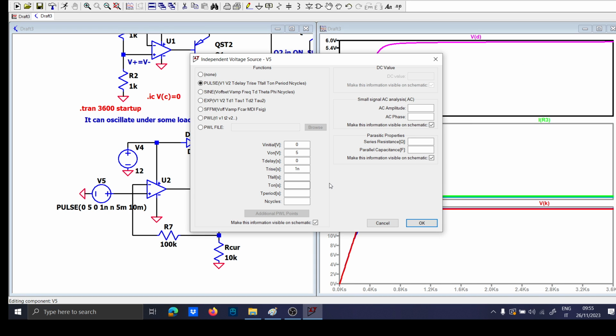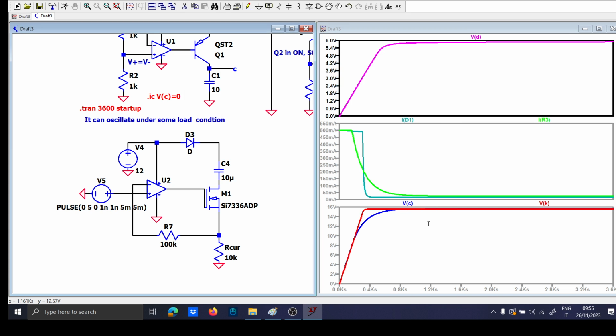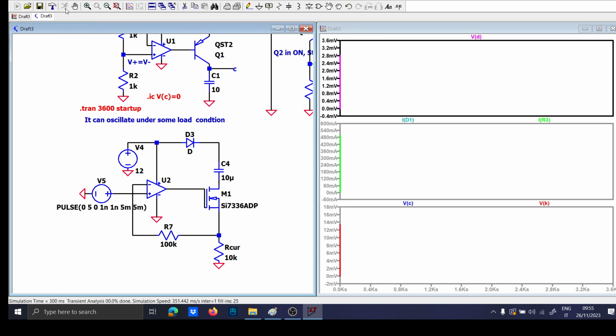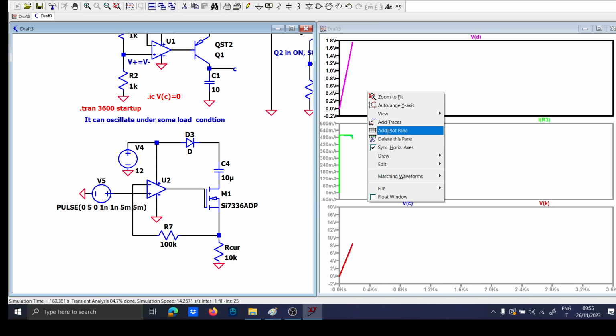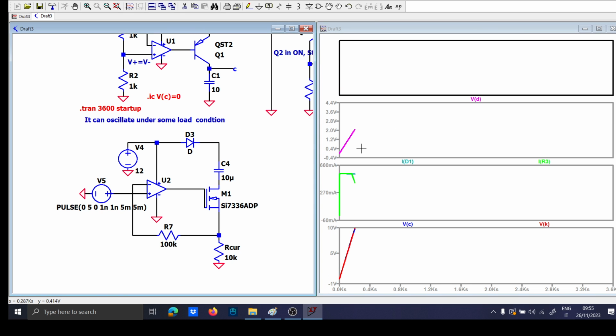V5, I didn't specify the 1 nano, 5 milli, and 5 milli. Okay, now the circuit is switching, so the simulation is not so fast anymore, but it doesn't matter. We don't care.